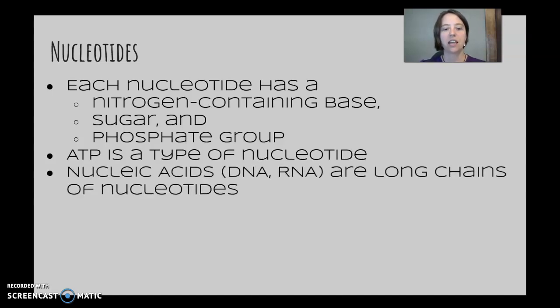And then there are DNA nucleotides and RNA nucleotides, and when you put a bunch of DNA nucleotides together, you get DNA, the nucleic acid DNA, or deoxyribonucleic acid. When you put a bunch of RNA nucleotides together, you get ribonucleic acid.